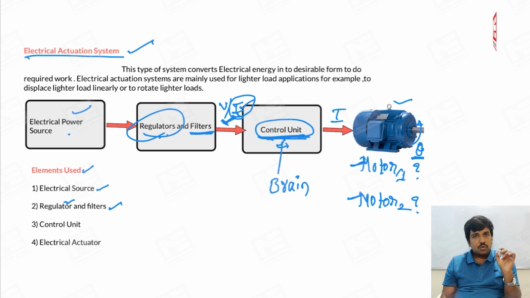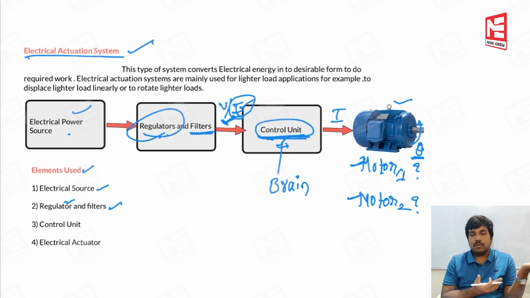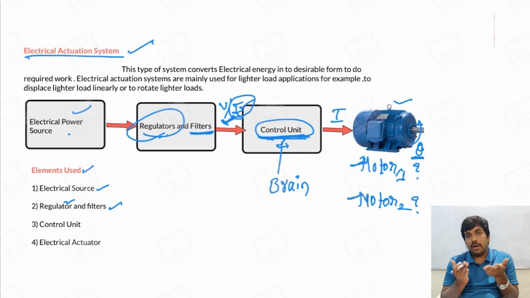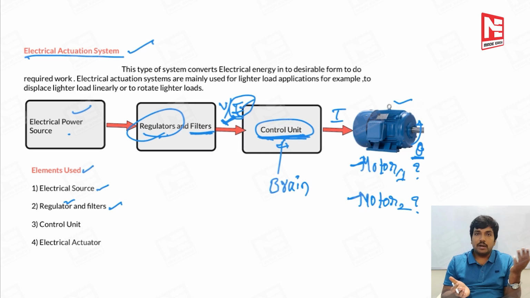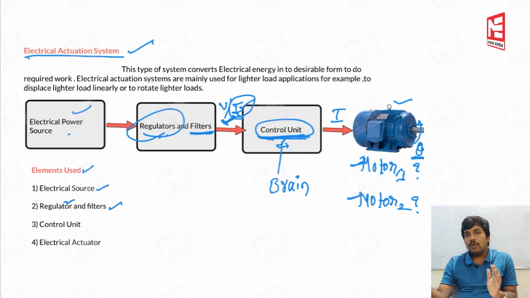Now you might have understood there is some analogy between all kinds of actuation systems, whether it is the human body, a hydraulic actuation system, a pneumatic actuation system, or an electrical actuation system. In all cases, some form of energy is converted into either linear displacement or angular displacement.